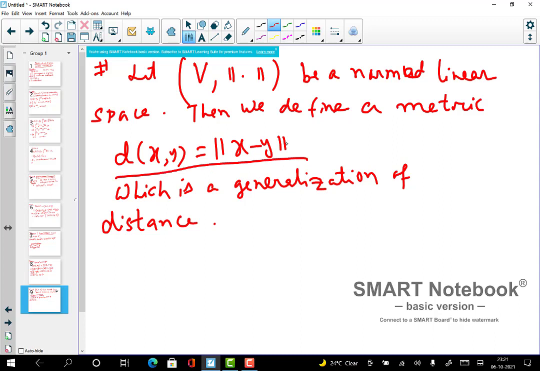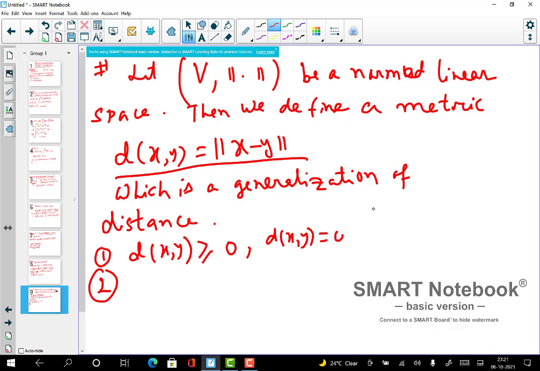It satisfies a few properties, and the properties are easy. First of all, this distance or metric cannot be negative, it is always non-negative, meaning it can be 0 or positive. Okay. And then the second property is that this is 0 if and only if x equals y.